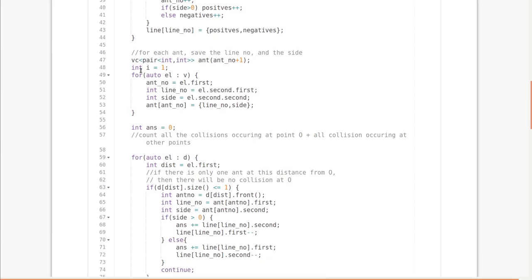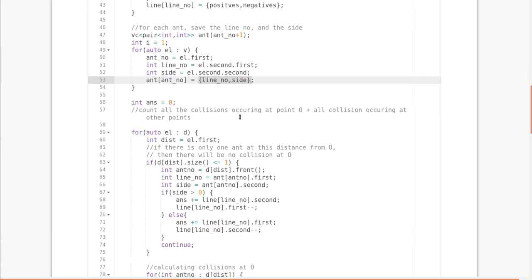So for each aunt in this vector I'm getting the aunt number, the line number, and the side. So I'm saving it in this array, for aunt number 1, their line number and the side of the line on which it is.